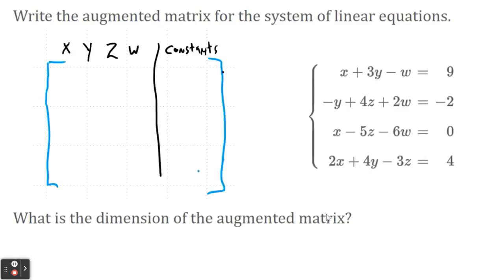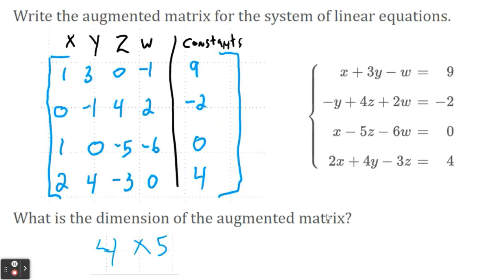Let's write the augmented matrix first. Okay, so we're going to have our variables on the left side and then our constants on the right. And notice here we're going to have x, y, z, and w. So some are missing. If a variable is missing, then we just replace it with 0.